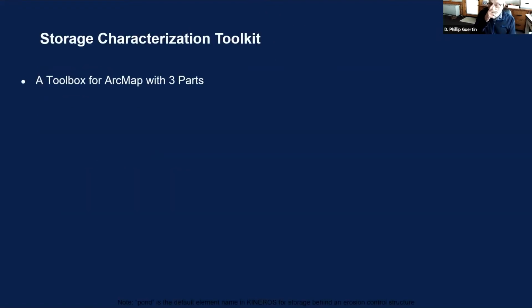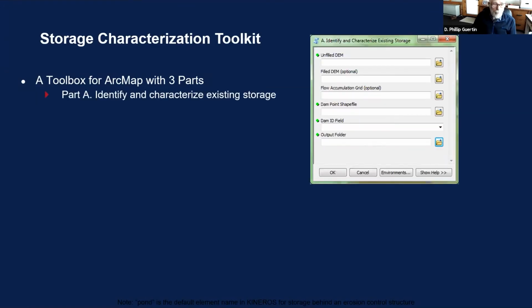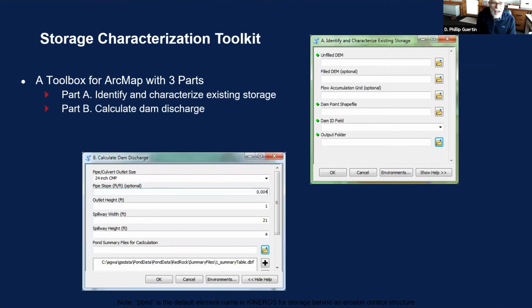One thing that we've developed is a toolkit that we call the storage characterization toolkit. Basically it has three parts. One is to identify and characterize existing storage. We do that using a DEM. We then calculate the dam's discharge.